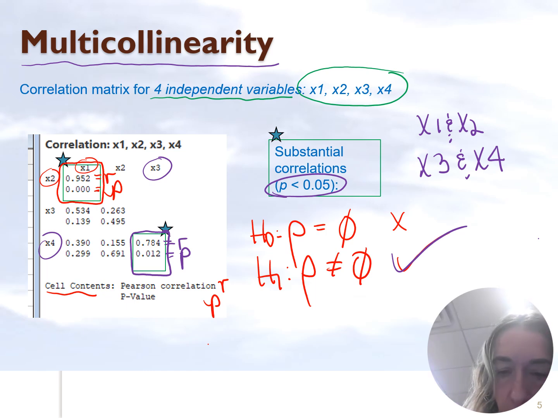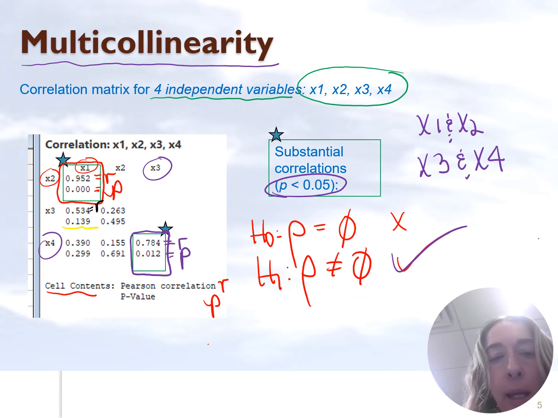You'll notice too, for example, the R value for x1 and x3 of 0.534 is not a particularly small R. However, its p-value is greater than 0.05, so we are not able to reject the null, leading to the conclusion that the correlation between x1 and x3 in the population could be 0.